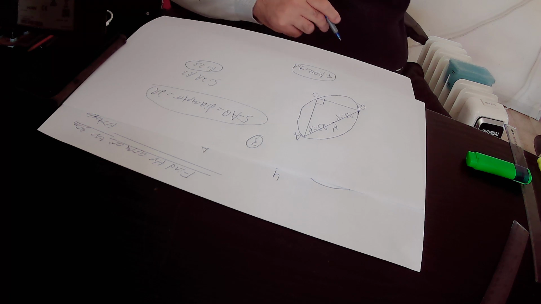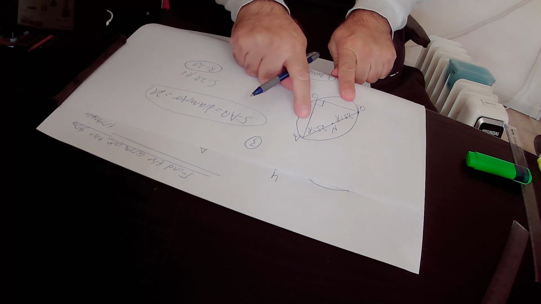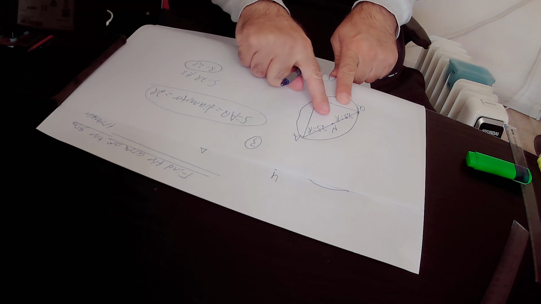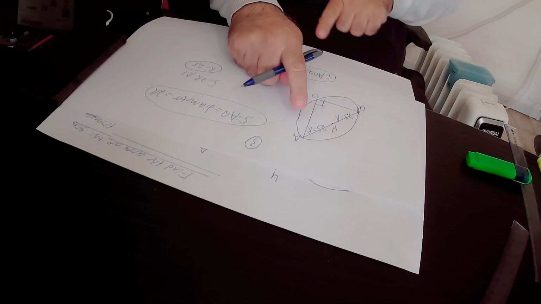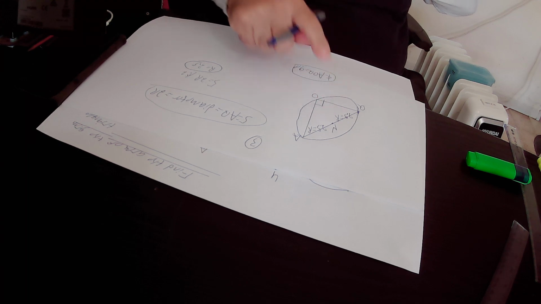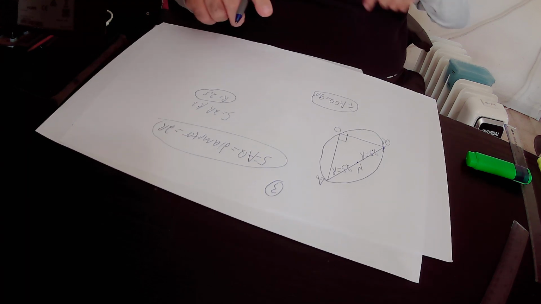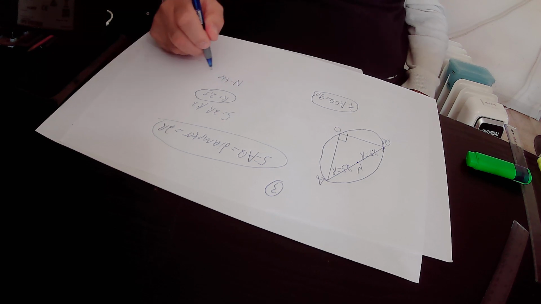So we have here two radii along the diameter of the circle. It is obvious that the touching point between the two radii must be the center of the circle, and the touching point is at point N. The touching point of the radius AN and the radius QN is at point N. Therefore, point N must be the center of the circle.